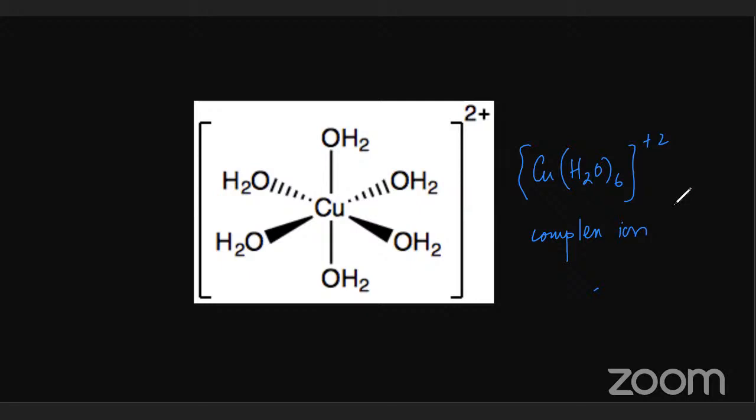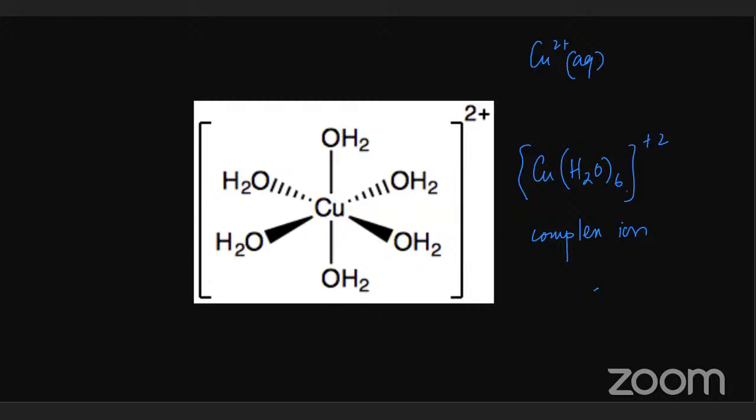Whenever you think of copper 2+ aqueous in solution, or Na+1 aqueous, or any ion that's aqueous, it's actually attracted to the solvent. So the water molecules are helping in dissolving the copper ions, because if there was no water molecule, then copper ions would obviously not dissolve.